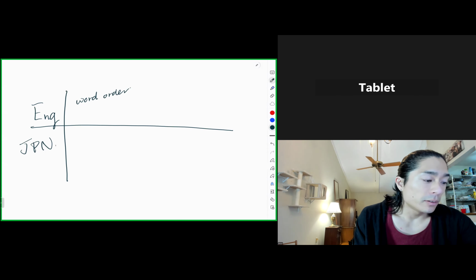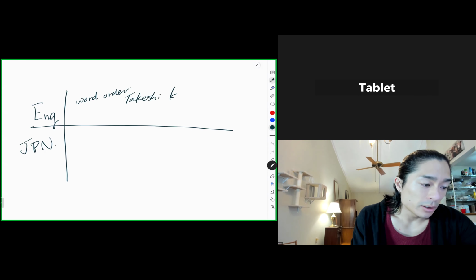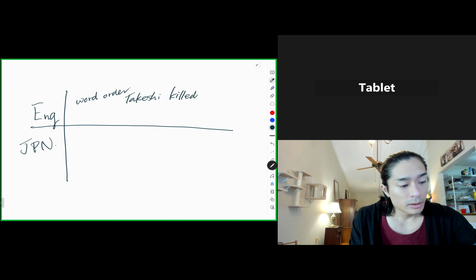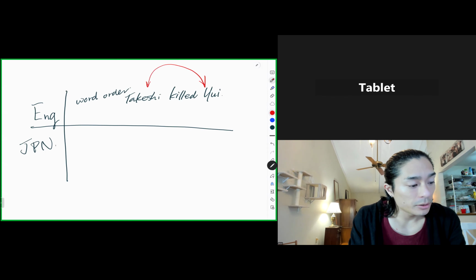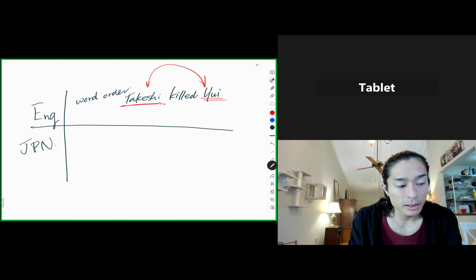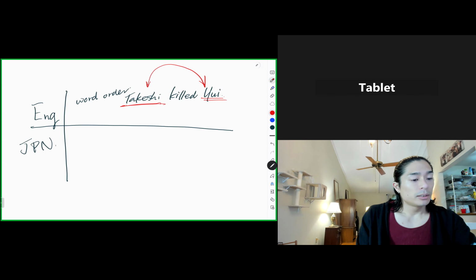For example, a simple sentence: Takeshi killed Yui, right? Takeshi killed Yui, versus if we just flip the word order of these two nouns and say Yui killed Takeshi, the meaning will be completely opposite, right?